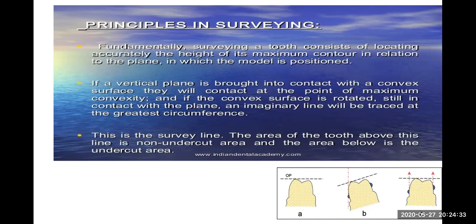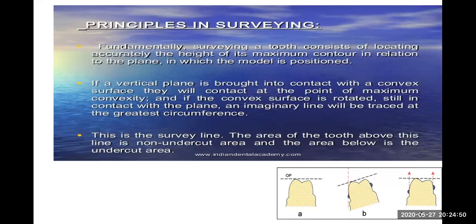And if the convex surface is rotated, staying in contact with the plane, an imaginary line will be traced. And it will give you a trace at the greatest circumference.